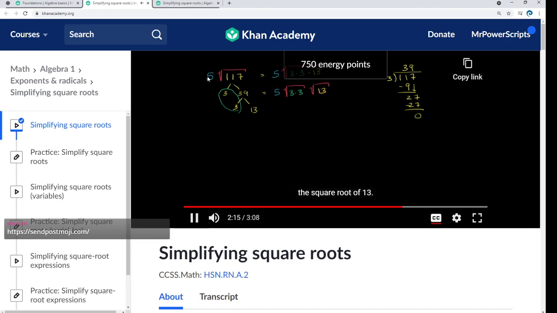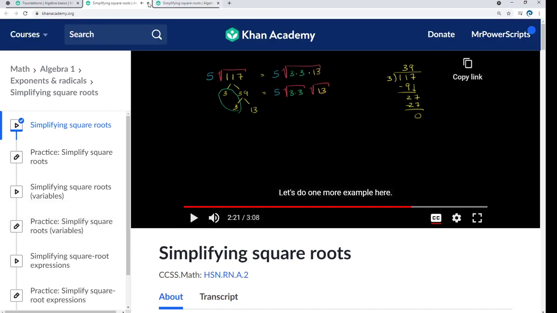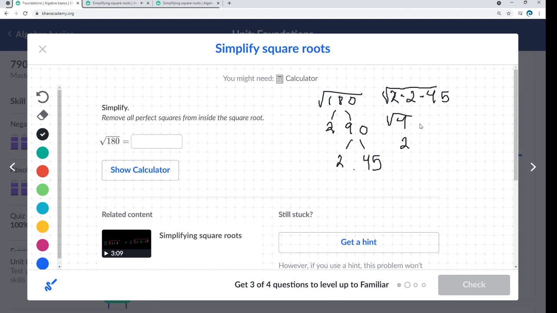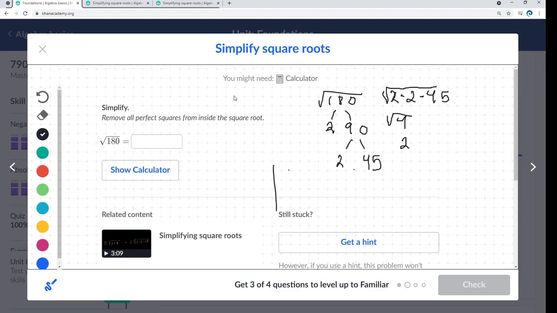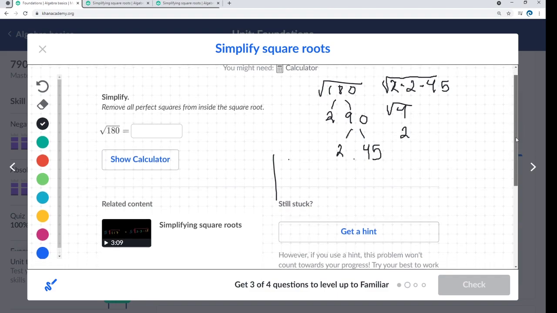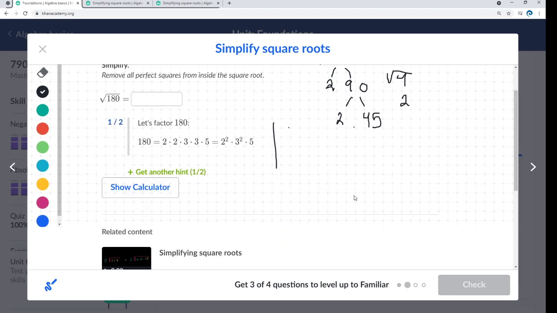But what is this number that he has on the left side? I have no idea where that came from. Okay, I'm gonna have to get a hint over here. I don't know.